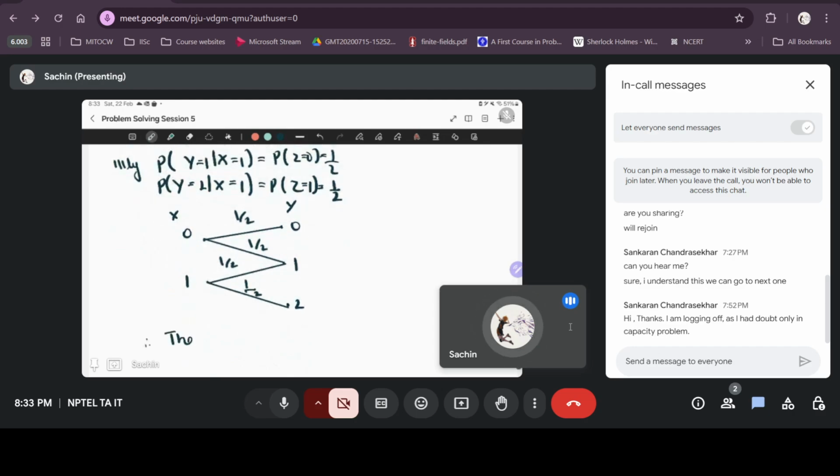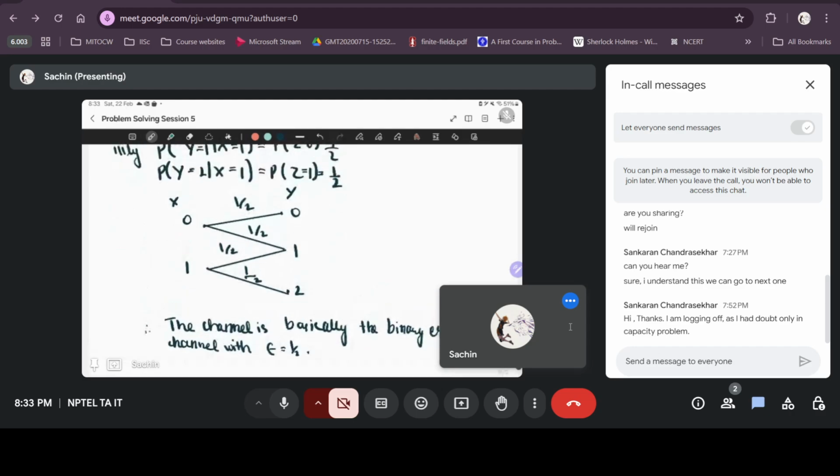Therefore, the channel is basically the binary erasure channel with the parameter epsilon equals half, and the capacity of the binary erasure channel is 1 minus epsilon, which is also half bits per use.